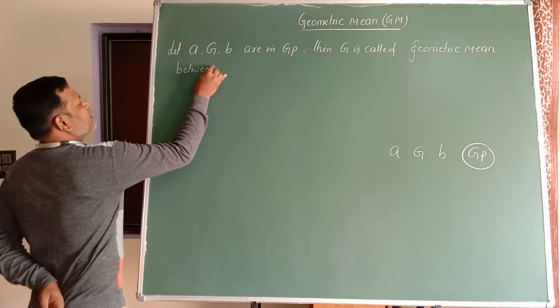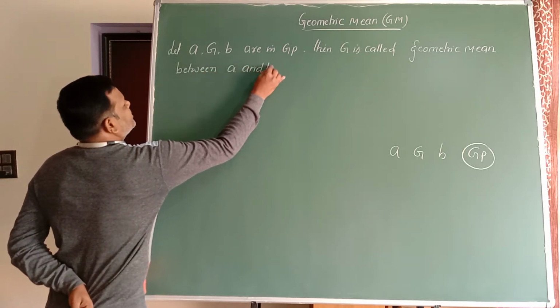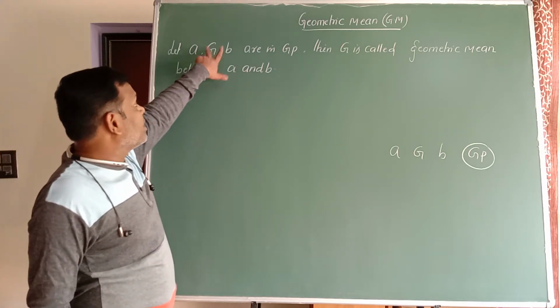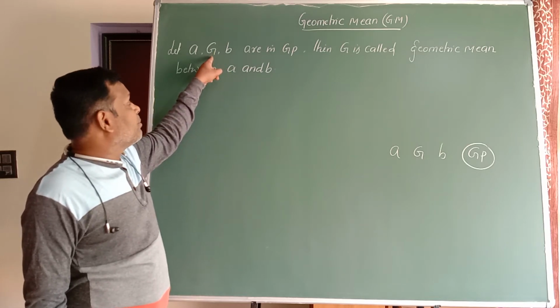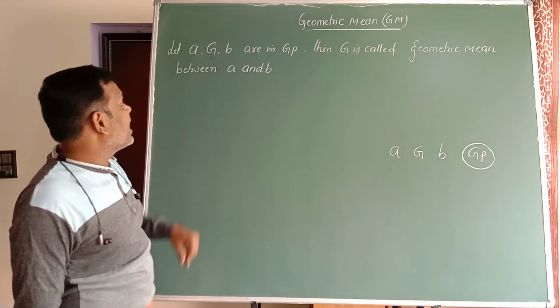What are the two numbers here? Between A and B. Look at my concepts here. All these three numbers together belong to a geometric progression. Then the capital G, the in-between number, is called the geometric mean between A and B.